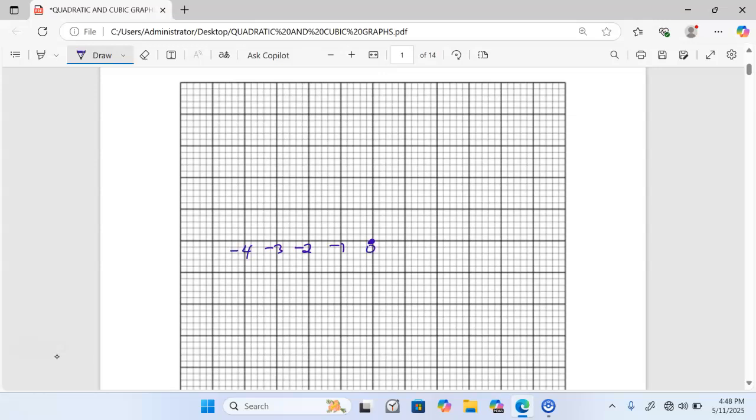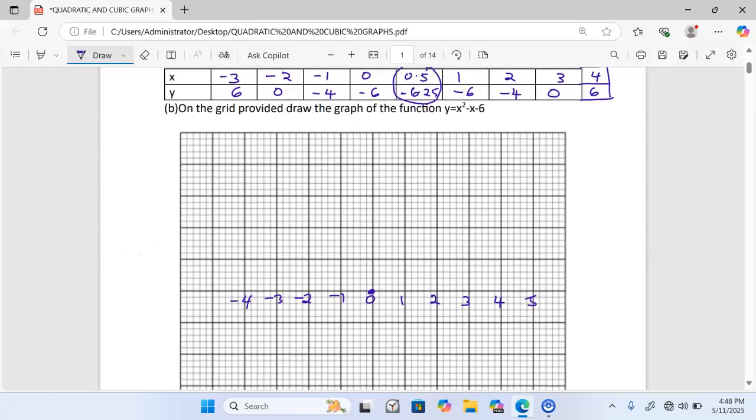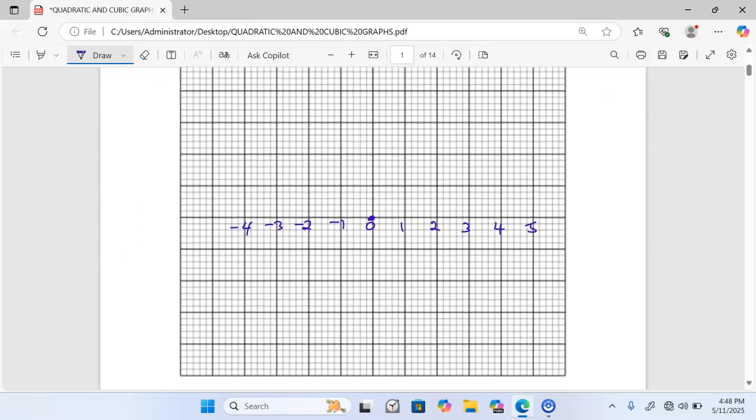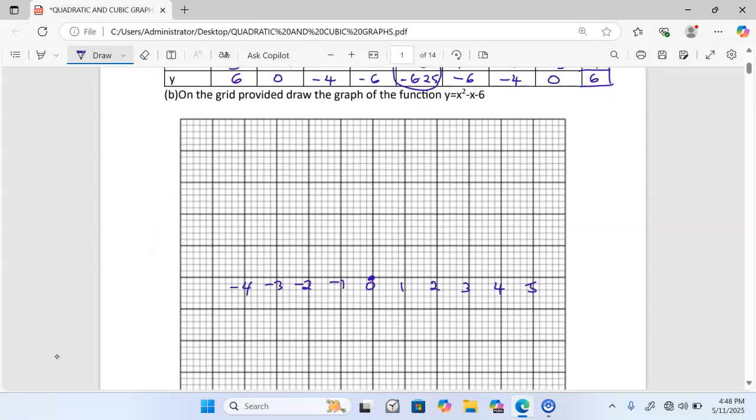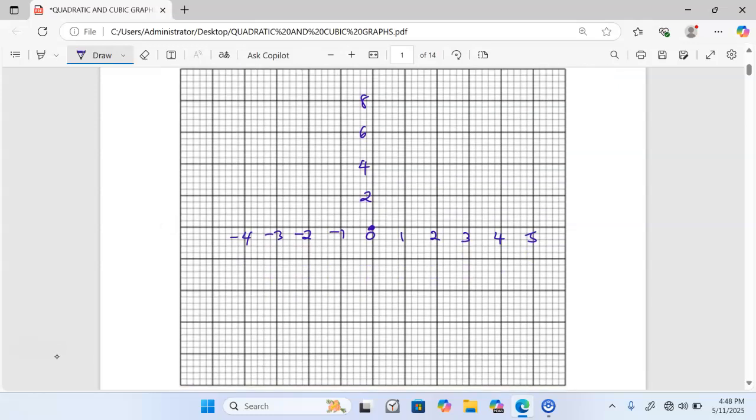Then, if this is 0 here, we have 1, 2, 3, 4, and even 5. Because our table cannot take 1 centimeter to represent 1 unit on the y-axis, let us use 2, 4, 6, 8 there. Then downwards we have -2, -4, -6, and -8.